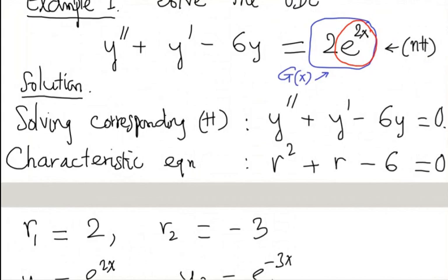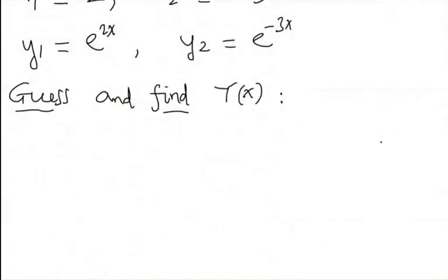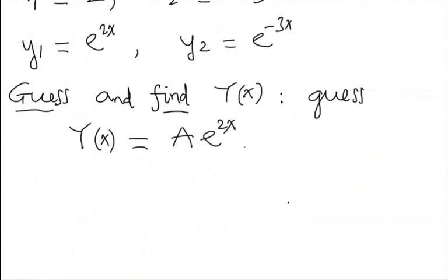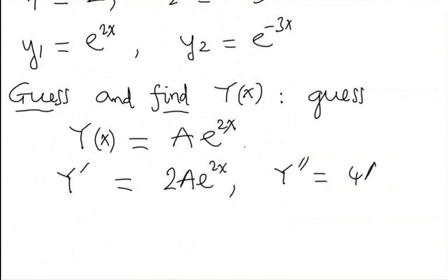So as before, we will begin with our guess. Capital Y of x is also a constant multiple of e to the 2x. So let's find the derivatives and then plug into the non-homogeneous equation. We have y prime is 2A e to the 2x, and then y double prime will be 4A e to the 2x.